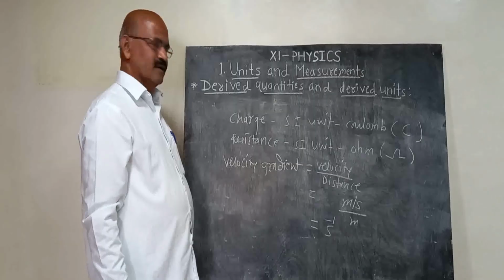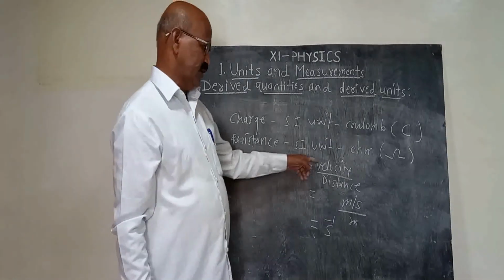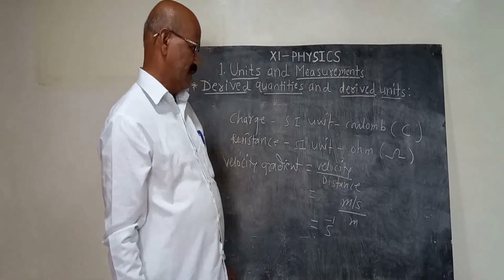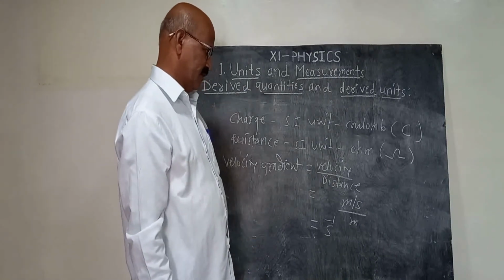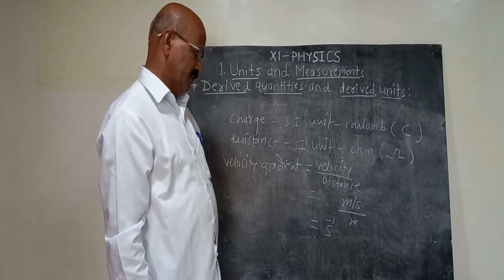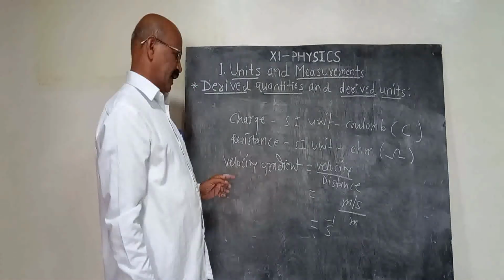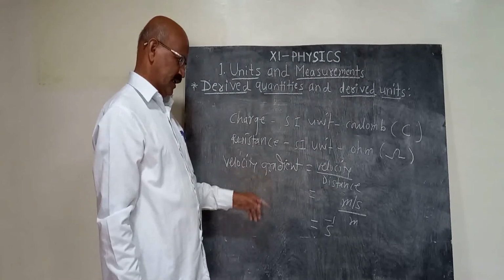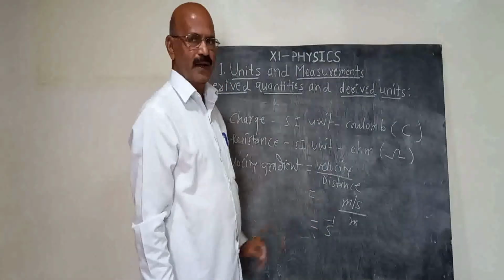Velocity gradient means velocity upon distance. SI unit of velocity is meter per second, and SI unit of distance is meter. Simplifying, we get the SI unit of velocity gradient as s raised to minus 1.